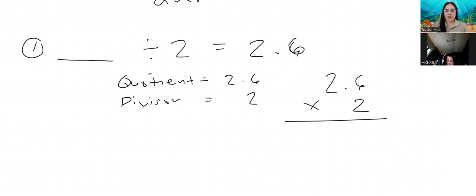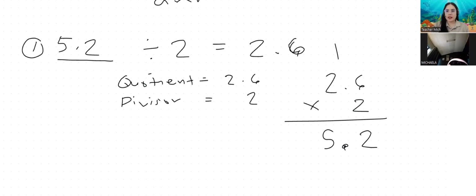What is 2 times 6? 12. Okay, very good, 12. And then, if we multiply, okay, very good. So our missing number is 5.2. So when we divide 5.2 by 2, the answer is 2.6.